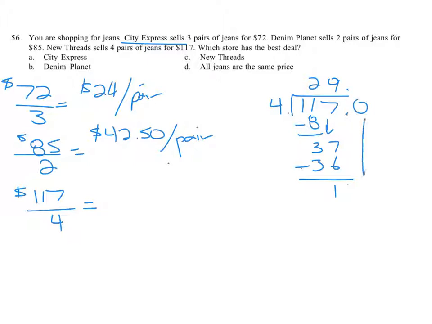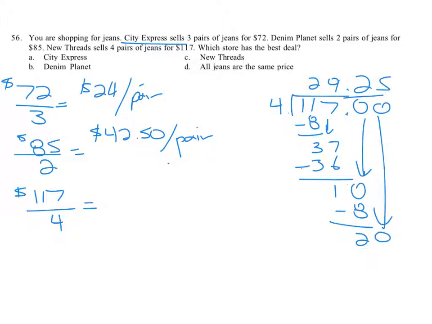Then add a 0 and bring that down. 4 goes into 10 twice. 4 times 2 is 8. Add another 0, bring it down. 4 goes into 20 5 times. And you get $29.25 per pair of jeans.